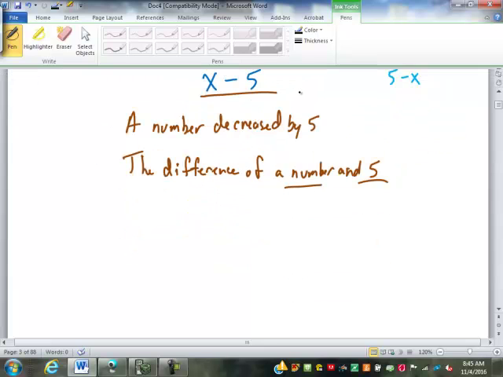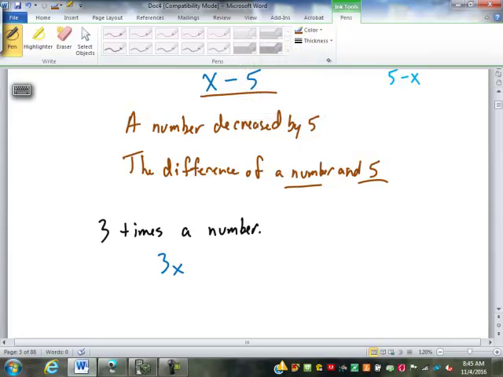How about multiplication? Well, I'm going to go for the obvious one here. 3 times the number. So that one is going to be 3 times x, or just 3x. Could be x times 3, that would be fine.